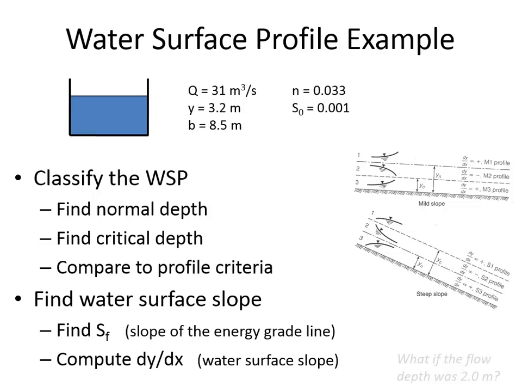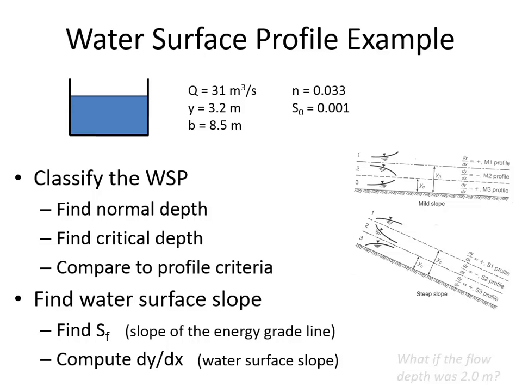If we rearrange Manning's equation to solve for the slope of the energy grade line, that works out to n times Q times P to the 2/3 power divided by area to the 5/3 power, and all of that squared. So that's how we can rearrange Manning's equation for S, the slope of the energy grade line.